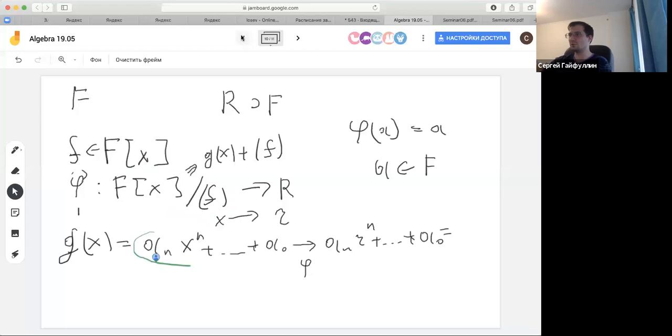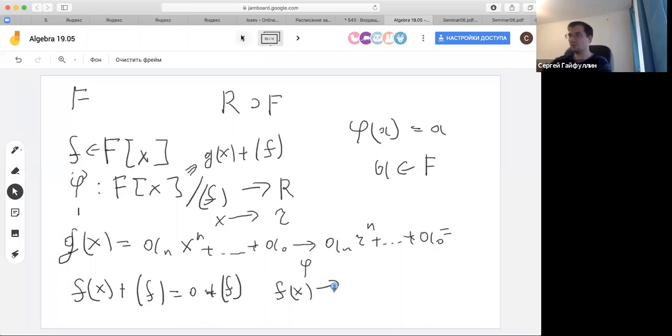And it goes to this polynomial because we assumed that x goes to r. And if we have f(x), then the class f plus this ideal is just 0 plus this ideal. So we need f(x) to go to 0.